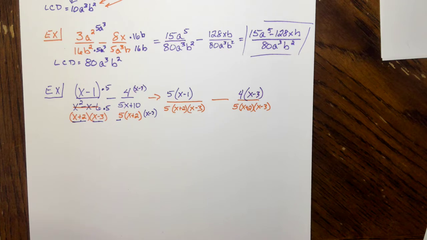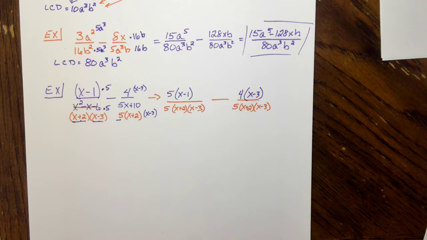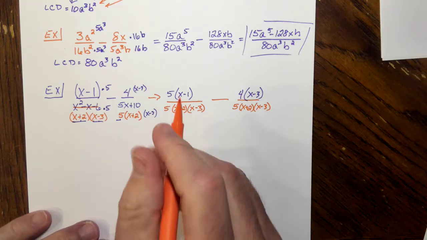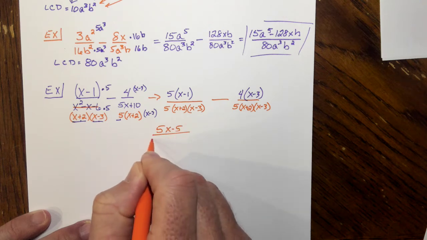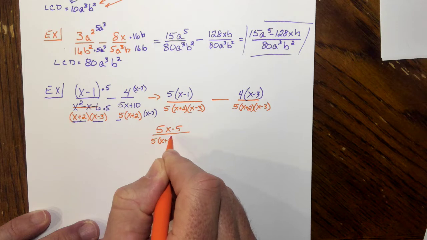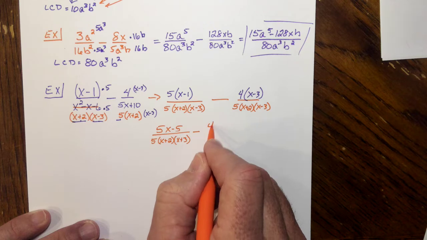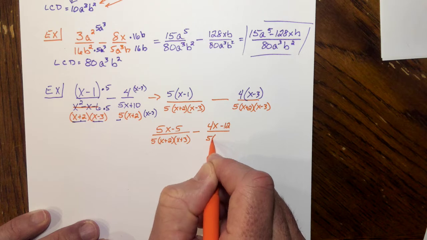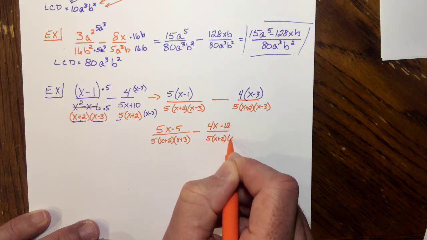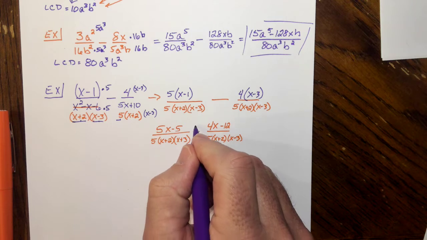Now, as you know, the denominators don't change, so there's nothing that has to expand. We do have to change the numerators, so we got to expand them. So I'm going to have a 5x minus 5 minus, distribute, 4x minus 12 over our denominator. Well, let's get to work. You know my phrase, add opposite.